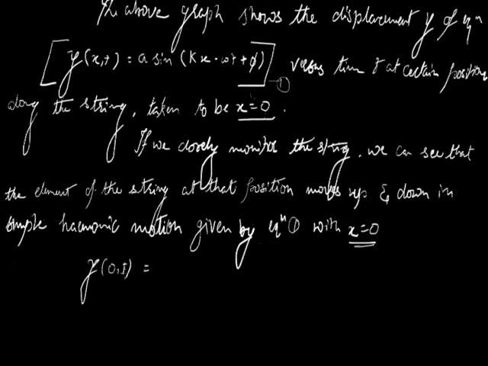Now by putting x equals 0 in equation 1, what we have is y equals A sin of minus omega t, and sine of minus theta is always minus sine theta, so this will be minus A sin omega t.